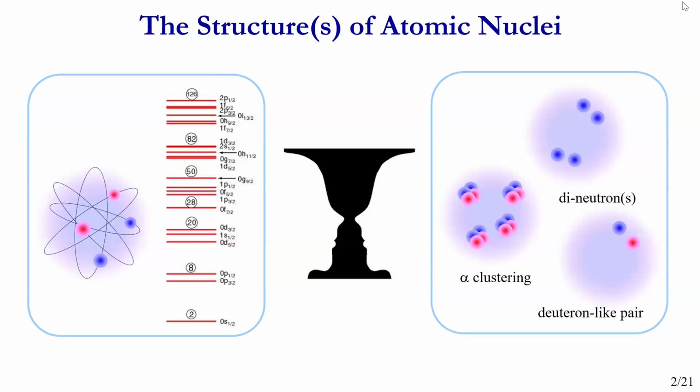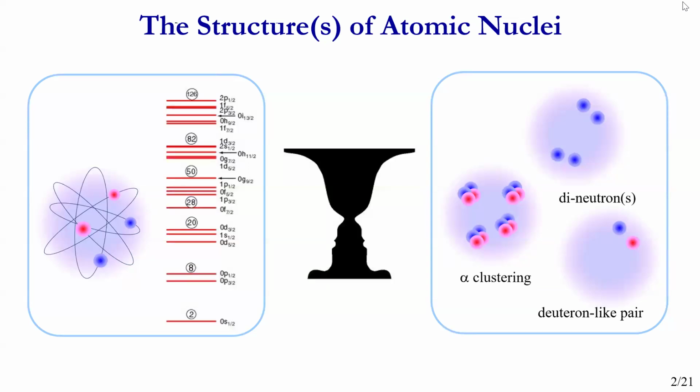That is nuclear clustering. We know that in some nuclei, alpha cluster structure exists. Also, we may consider a deuteron-like pair or dineutron. These kinds of correlations cannot be well included in the single particle picture.